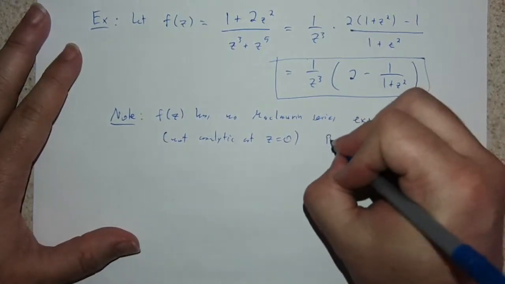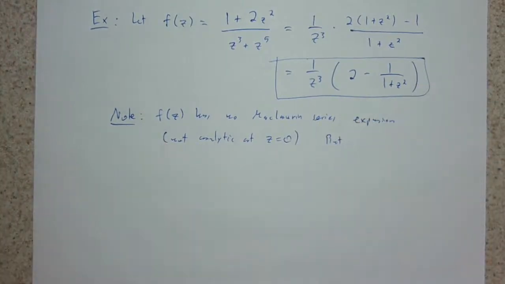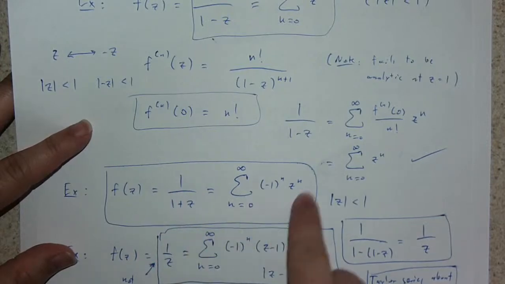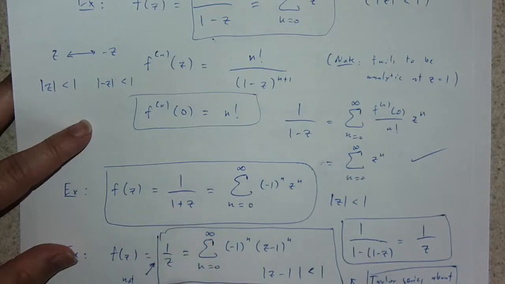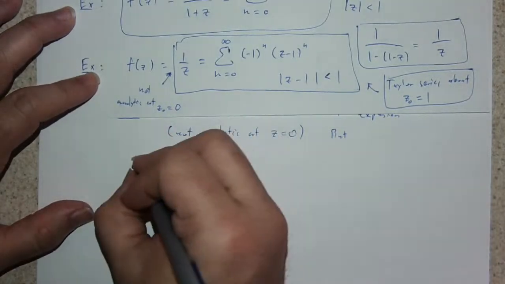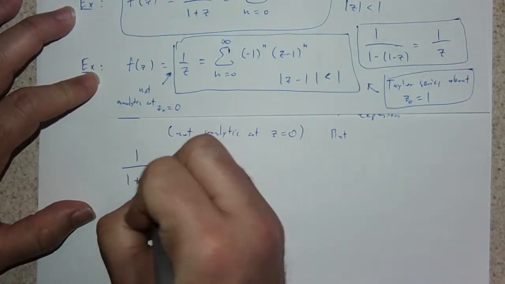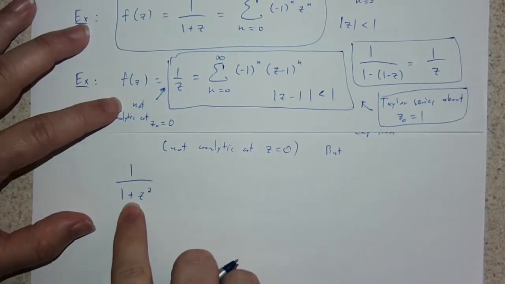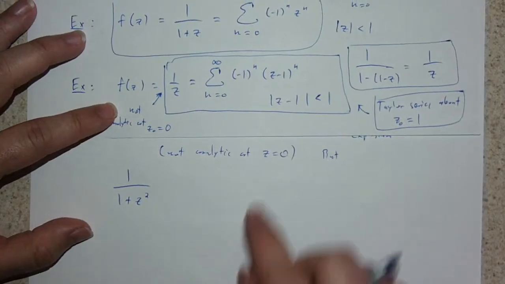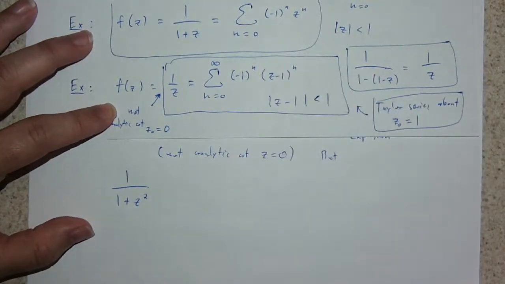But recall what 1 over 1 plus z is. So what is 1 over 1 plus z squared? I can get this expansion from the expansion for 1 over 1 plus z by putting in z squared instead.